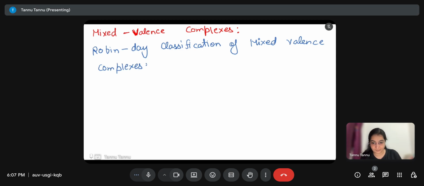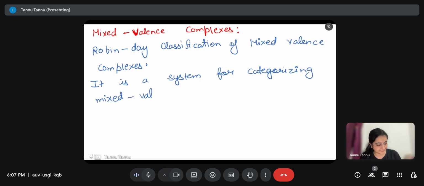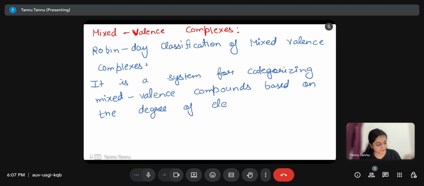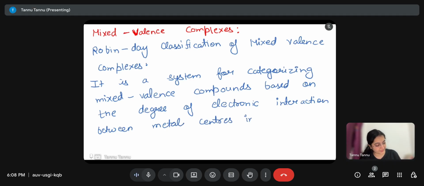It is a system for categorizing mixed valence compounds based on the degree of electronic interaction between metal centers in different oxidation states.